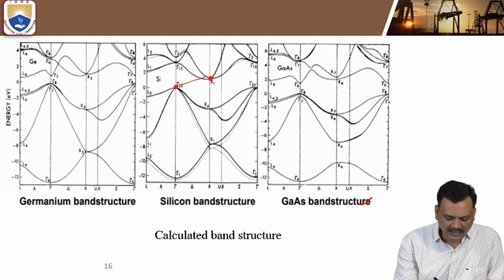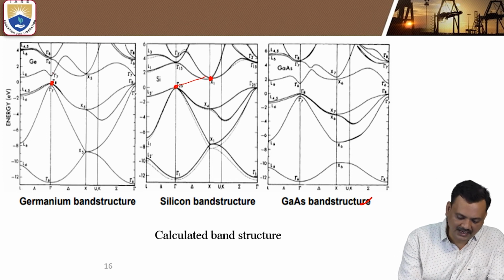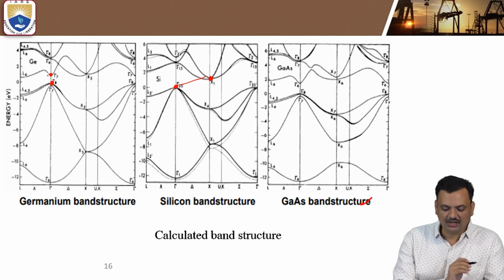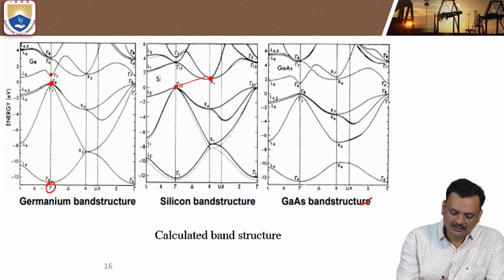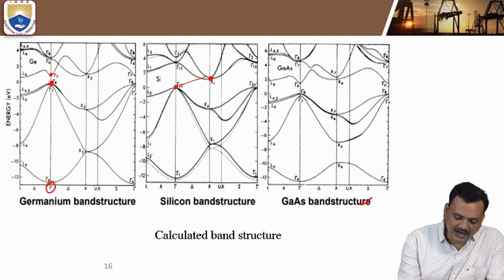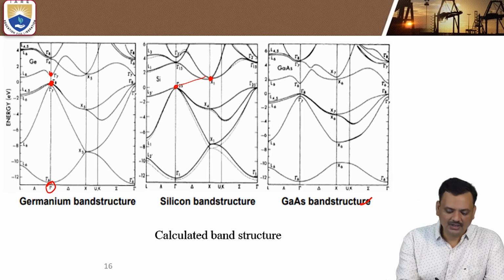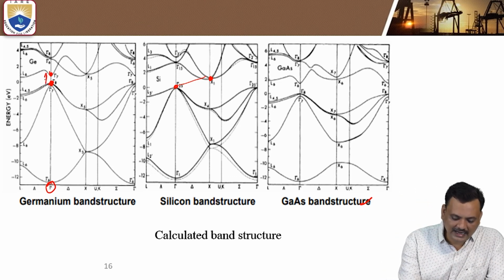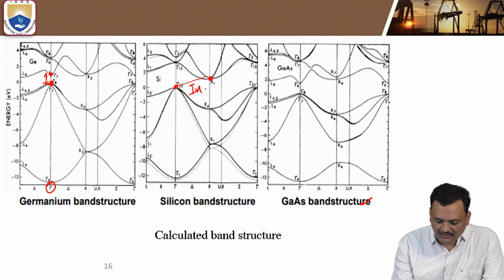But in the case of germanium, the top of the valence band is here and the bottom of the conduction band is here. Means at the same k point, the top of the valence band and bottom of the conduction band exist. Okay, so this is the direct nature of band gap.